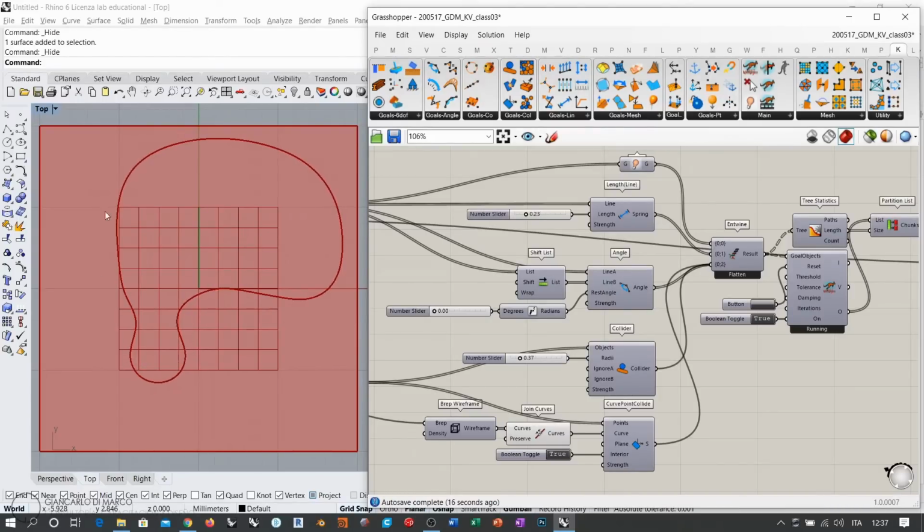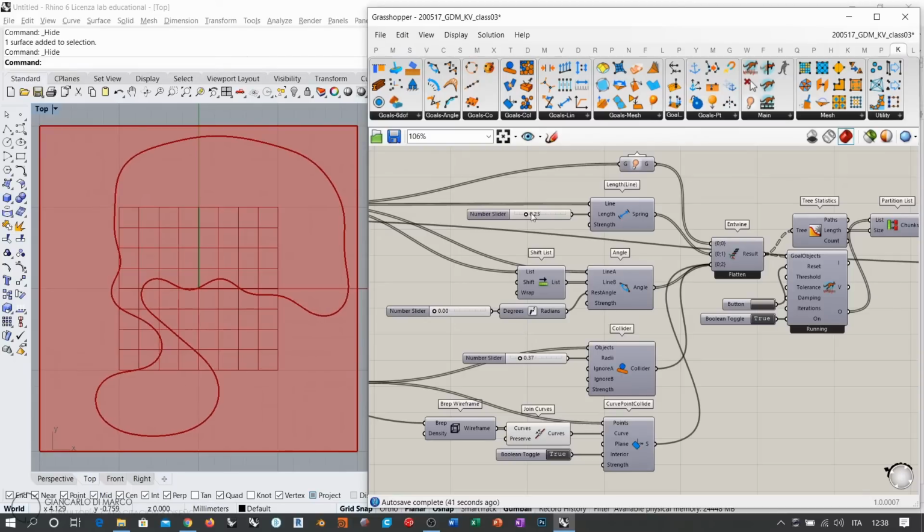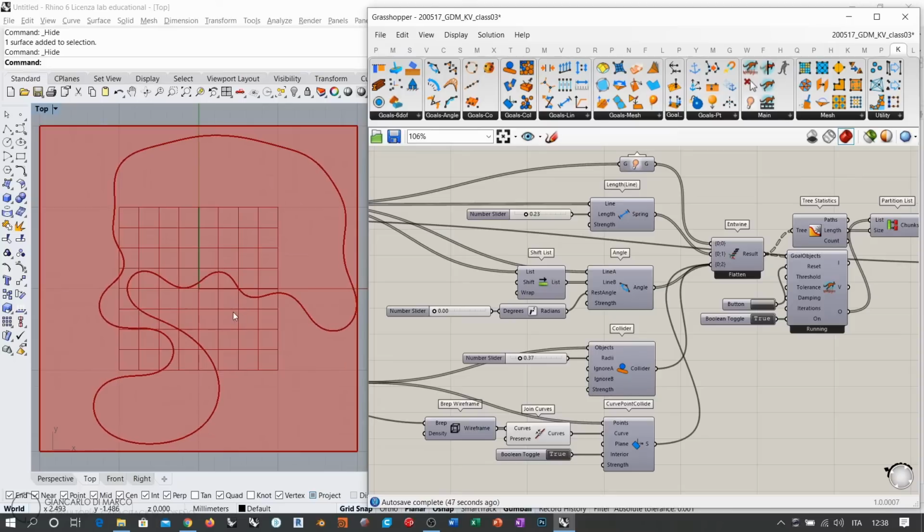You mostly see this kind of blobby figure coming out of this simulation. The simulation always starts slow, and then when it becomes fast, it tends to accelerate a little. That's why I suggest you keep these values as low as possible in order to start seeing some deformation. When you start seeing deformation, even if it's very small at the beginning, don't increase these values too much, because else the acceleration will be too fast and you might get some self-intersections.